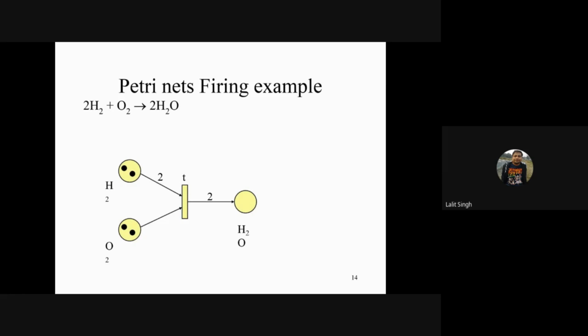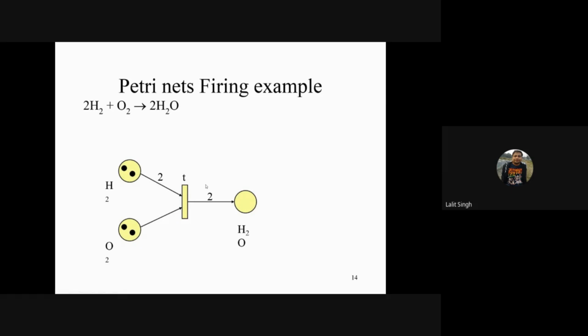The rule says that at least one transition in any Petri net figure must be in the enabled state. I repeat, we can change the distribution of the tokens provided at least one transition in the Petri net is in the enabled state. So here, because there is only one transition, this T must be in the enabled state.